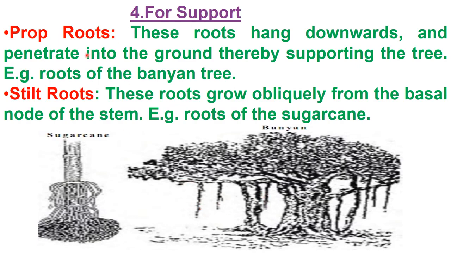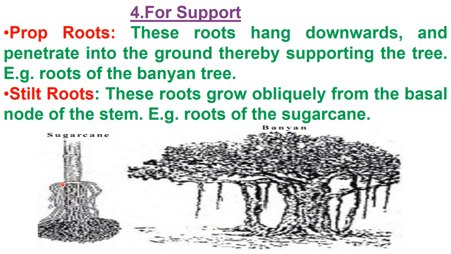The second type of roots for support are stilt roots, and these are found in sugarcane. You can see here sugarcane. These roots grow obliquely from the basal node of the stem. So this is the stem of sugarcane, and from the node part of the sugarcane you can see these structures arising. You might have seen sugarcane in reality also.